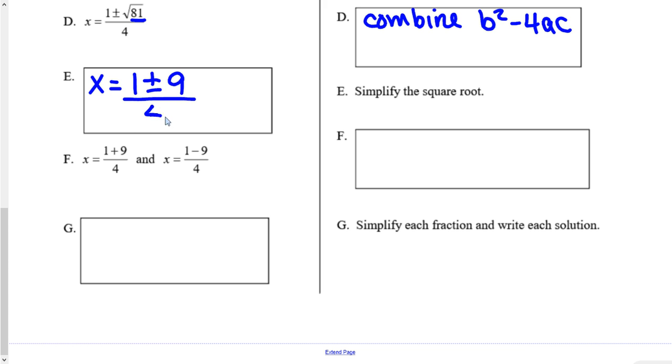Sometimes everything will come out from the square root, other times it won't. So realize at this point that I have in here a plus and a minus. What does that mean? It means I have 1 plus 9 over 4 and 1 minus 9 over 4. If I had to write a description for that, I would say break into 2 solutions, probably.